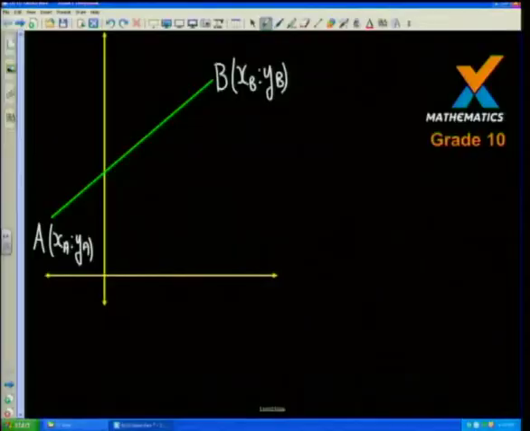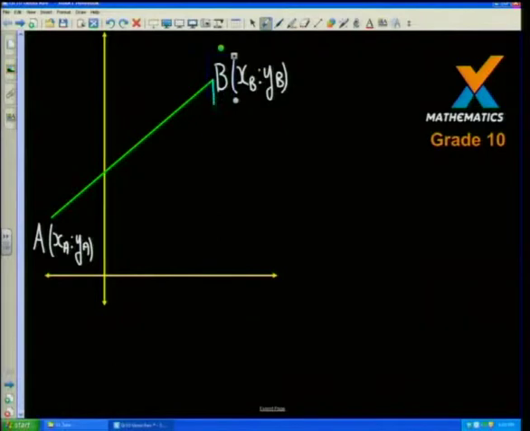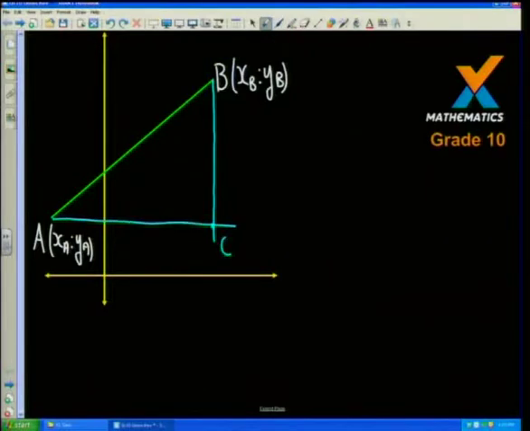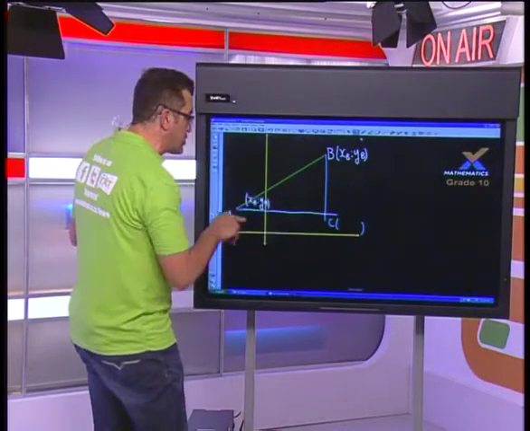If I do a little bit of a construction here, let me just choose another color. From that point B, I'm going to drop a perpendicular. And then from A, I'm dropping a line that runs parallel to the x-axis. Folks, where these 2 cut each other is the point C. Now that C has a particular relationship with the coordinates A and B. Because this line is parallel, folks, the y values on this line, everywhere on the line will be shared with one another.